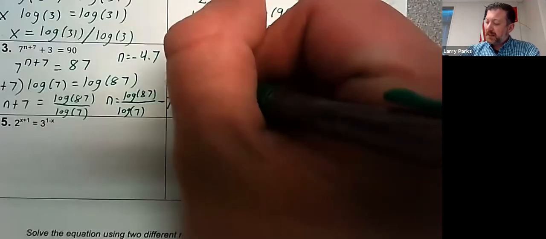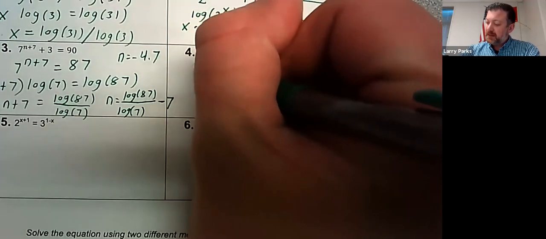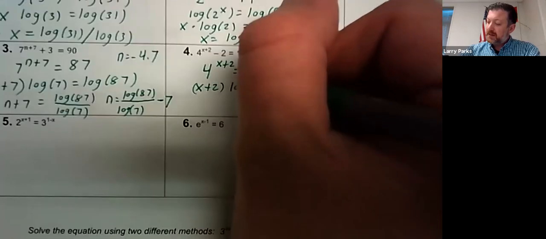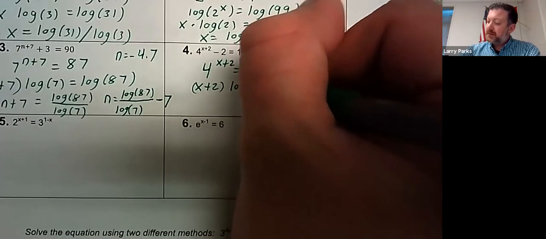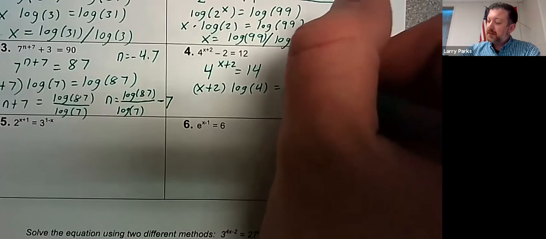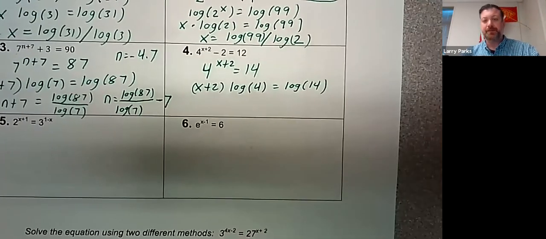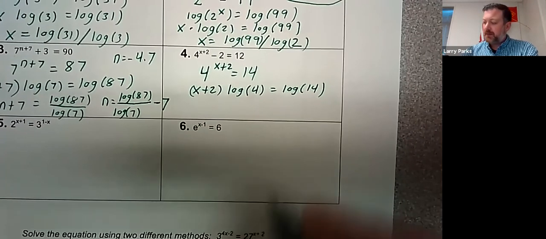So if I take the log, the x plus 2 comes down. And I get x plus 2 times log of 4 equals log of 14. And then divide both sides by log of 4.